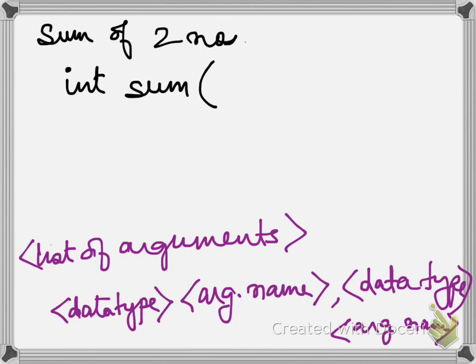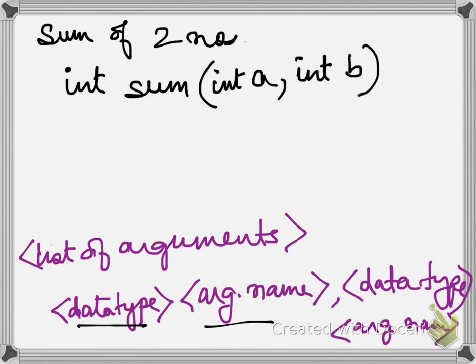You can have as many as you want. Here I want to give two numbers, say A and B, both integers. So the data type is int, argument name is A, comma, then int B. I don't want to give any more.